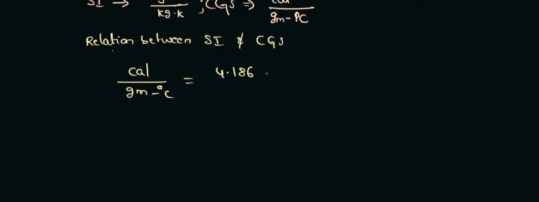In the previous video we have seen that. If you want to know how, you can go back and see it once. And gram should be in kilogram, so we divide by 1000, then it becomes kg. Now Kelvin, delta T is there. The degree Celsius and Kelvin relation we also found.